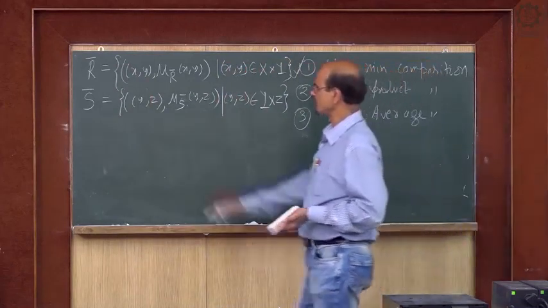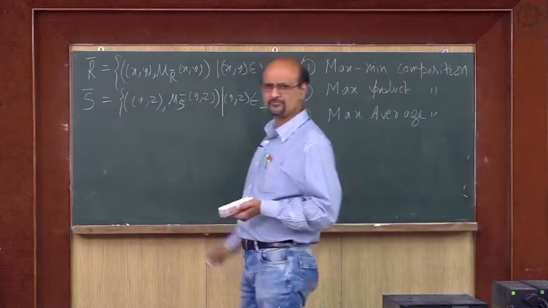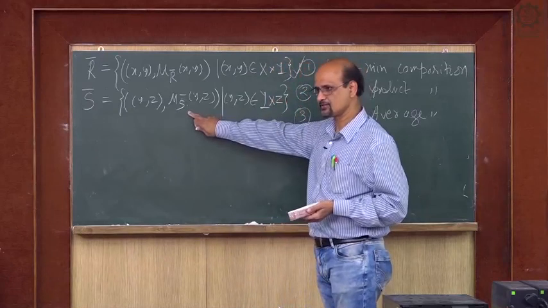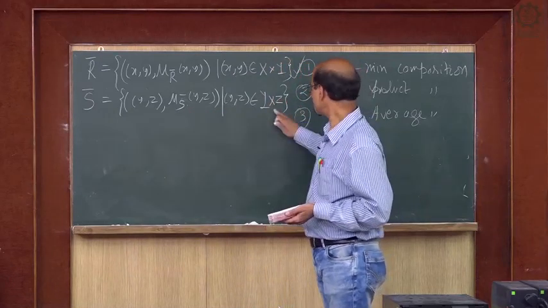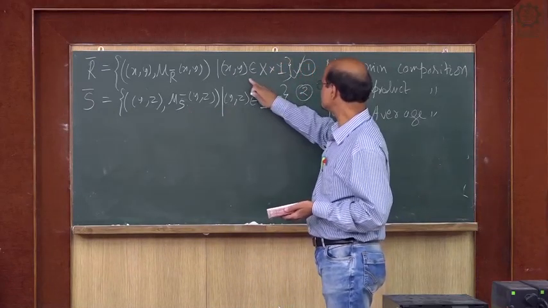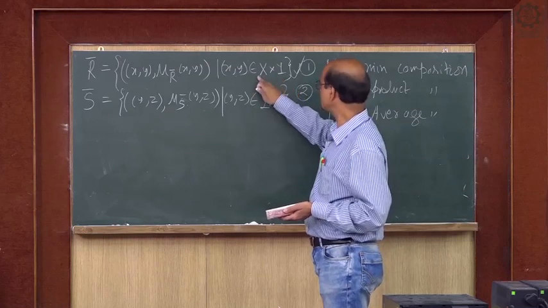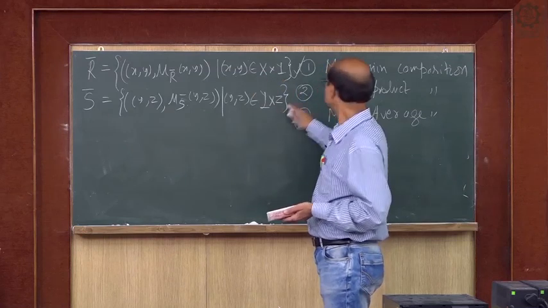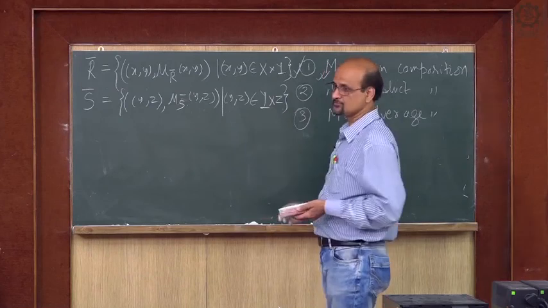That is no deal, I can take R1, R2 also. So R bar and S bar. This is the relation from Y to Z. This is from X to Y. I want to find X to Z using first this max min composition.